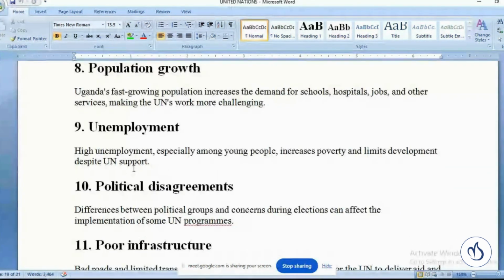High population growth. Uganda's fast population growth increases the demand for schools, hospitals, jobs, and other services, making the UN's work more challenging. Since your population grows day and night, this requires a lot of schools. I told you that this requires emergency funding.